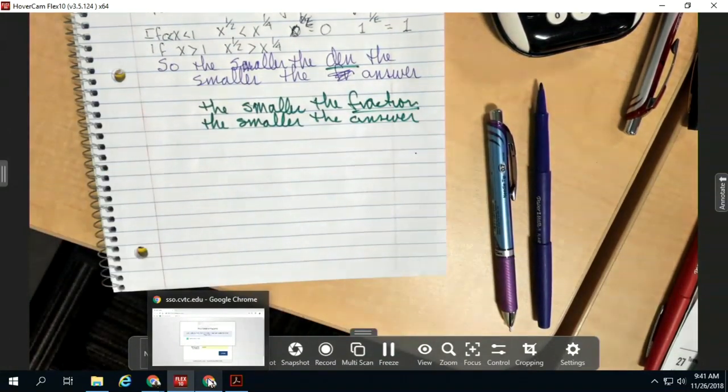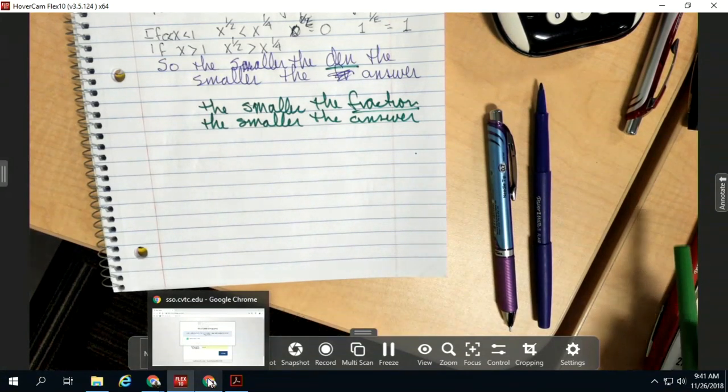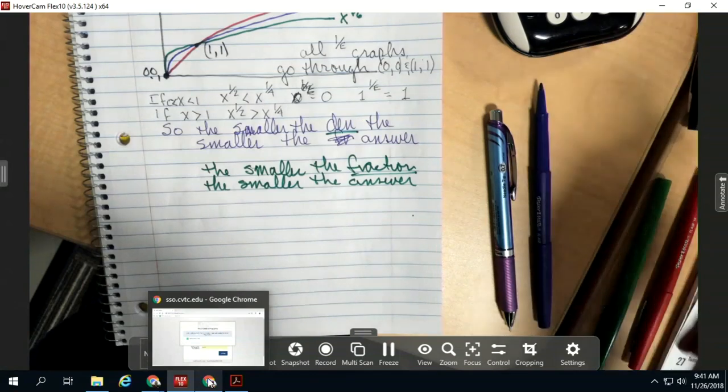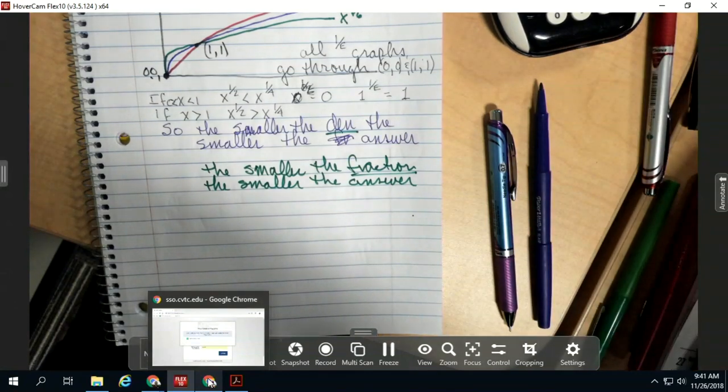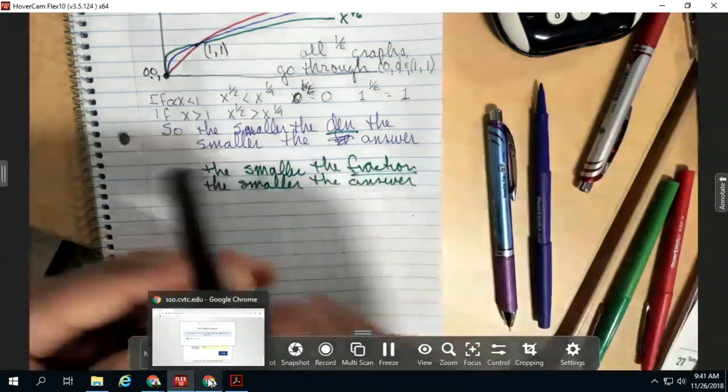Then it says, okay, so now you think you're so smart. Use the graph and given information so far, what do you think the graph of y equals x to the 1/8 will look like? So now I'm going to take this graph, and I'm out of colors. I'll use black.